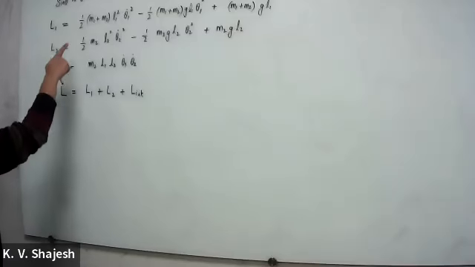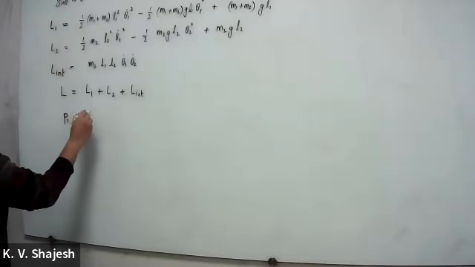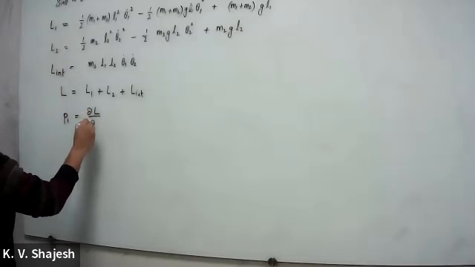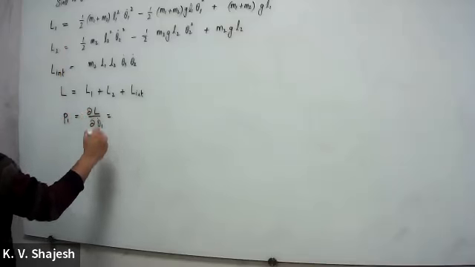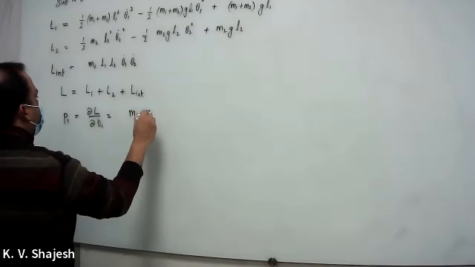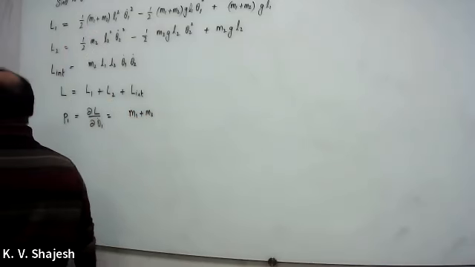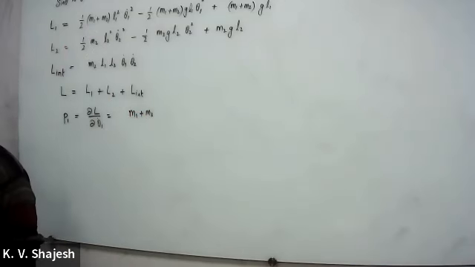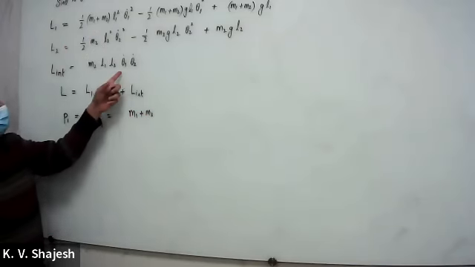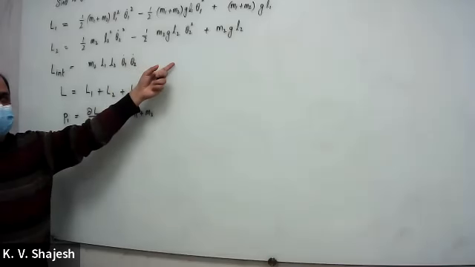Okay, 4 minutes left. Once we have the Lagrangian, we find the canonical momentum, right? So P1 is equal to dL by d theta 1 dot. For the interaction part, we don't use the second term for expansion, because there is already a theta 1, theta 2 in there. So that will be fourth order.